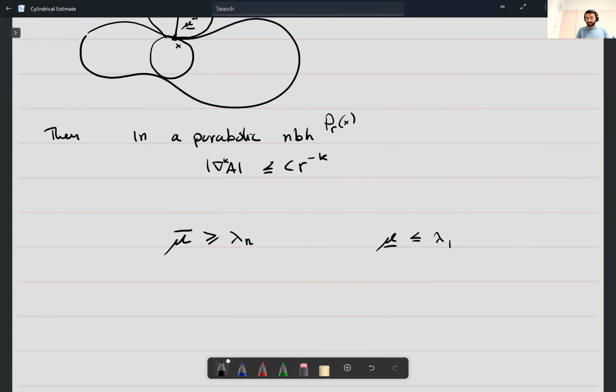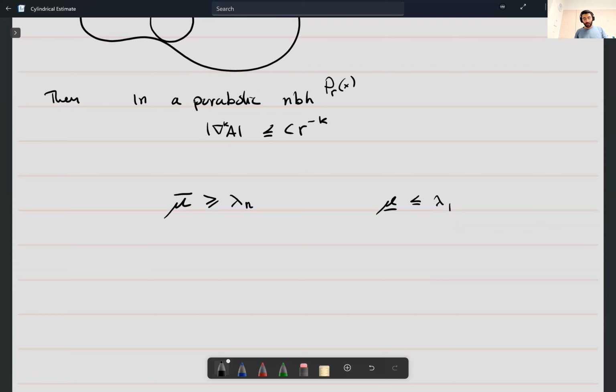So you expect that these two should give you some kind of bound on the norm of A, right? Because it's giving you a bound on what the minimum and maximum principal curvatures can be. And at the same time, that should also give you a bound on the norm of the second fundamental form.